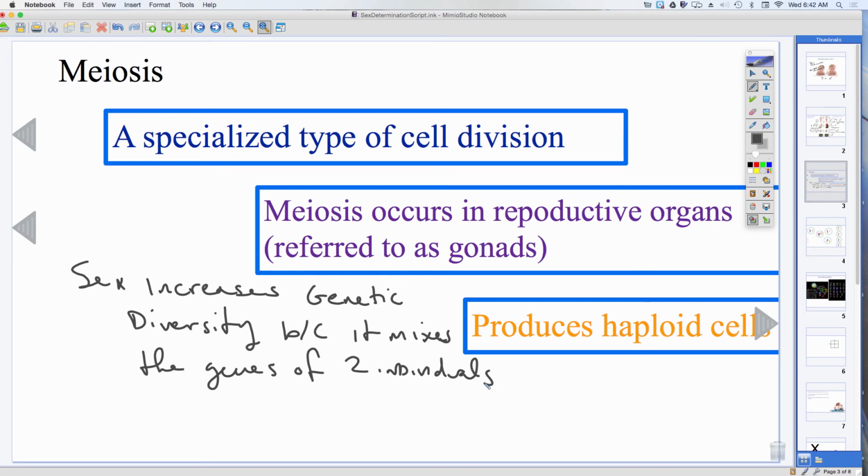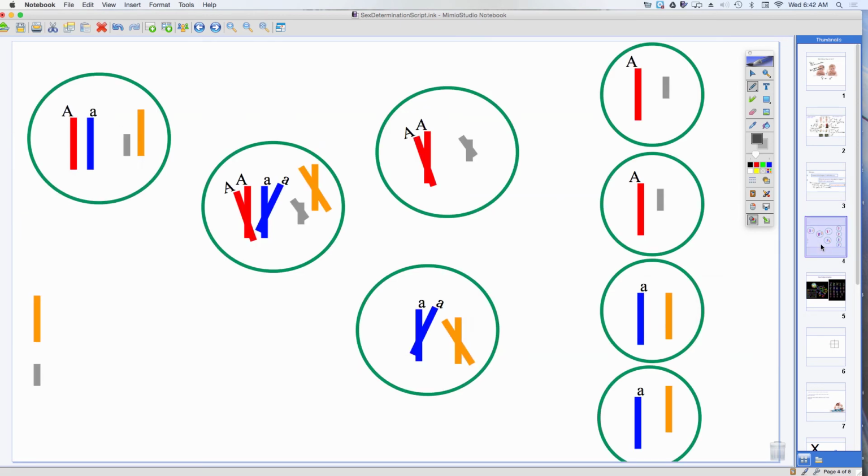So I thought I'd look at what happens during meiosis in a male. And if we look at this series of cells, we're going to start with our initial cell. And this initial cell might be in the testes. And it's going to undergo meiosis.